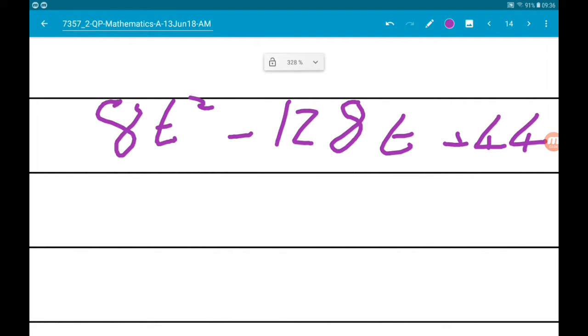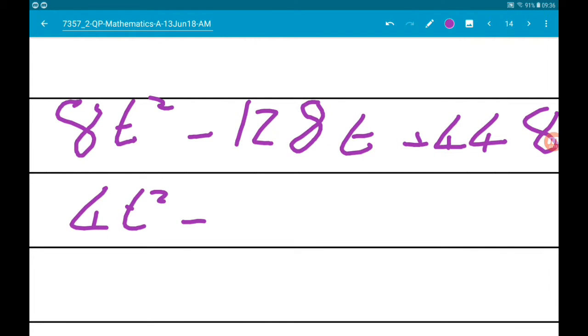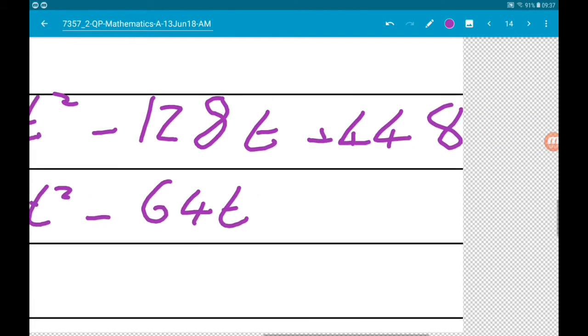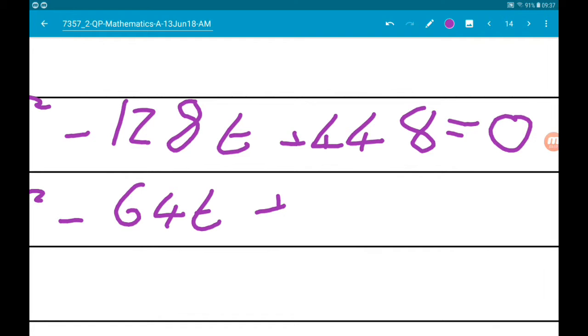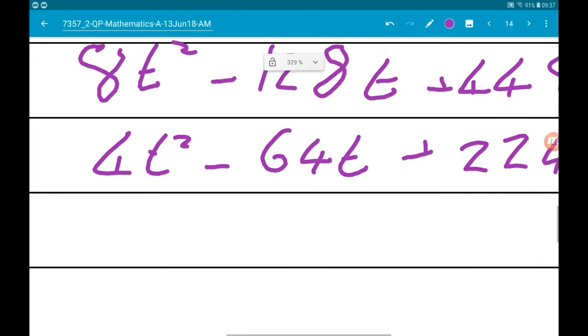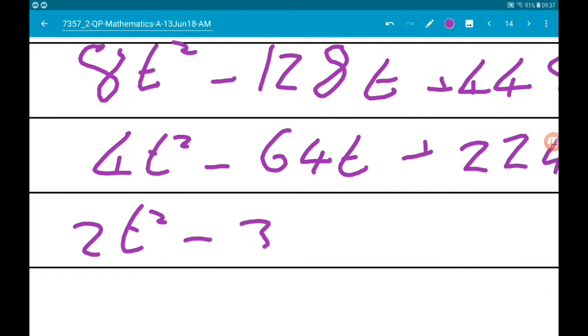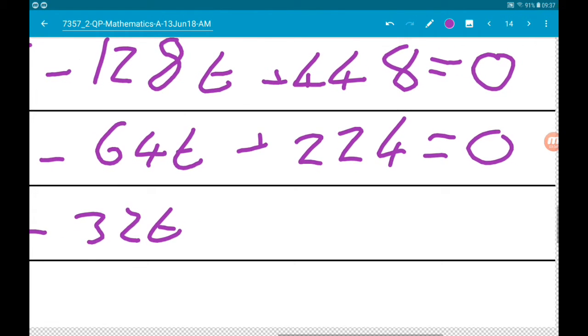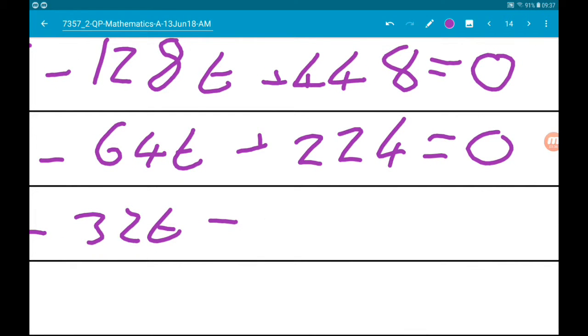So let's take 2 out. So we get 4t squared minus 64t, add 224. There's another factor of 2, so we get 2t squared minus 32t, add 112.